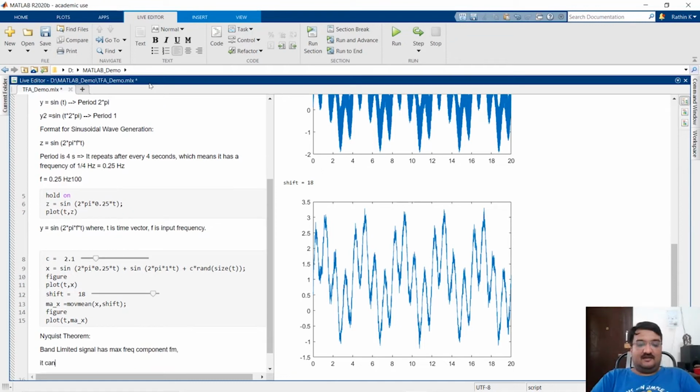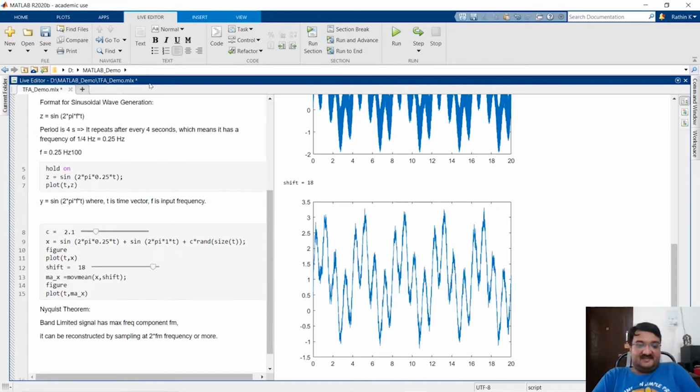Then it can be reconstructed by sampling at 2 times Fm frequency or more.